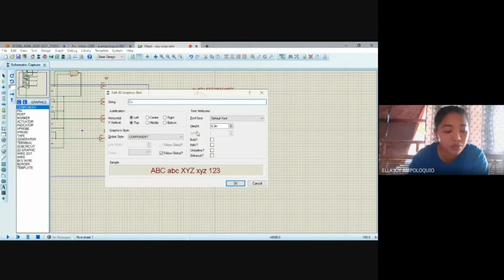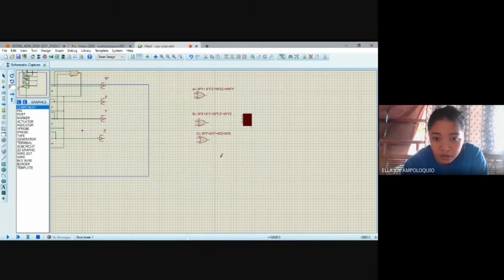C is equal to W prime Y prime plus X prime Y prime plus W prime Z plus W prime X. So we have W prime Y prime, X prime Y prime, plus W prime Z plus W prime X. So here.